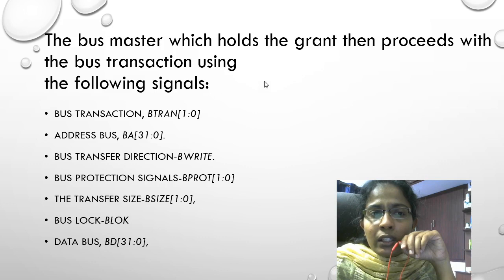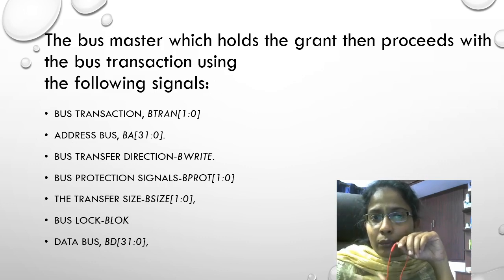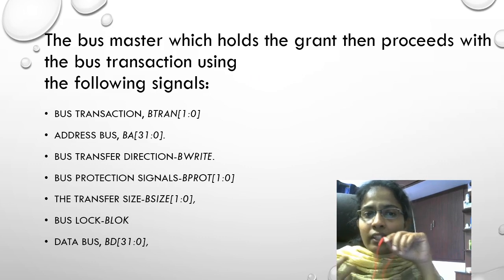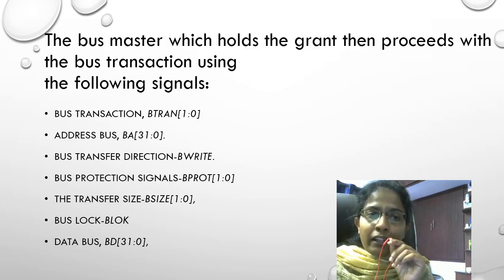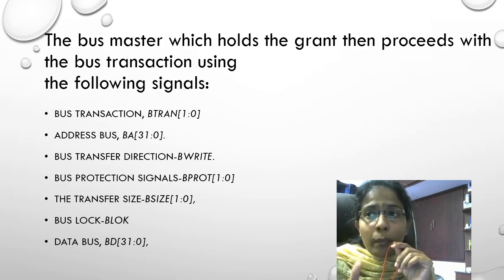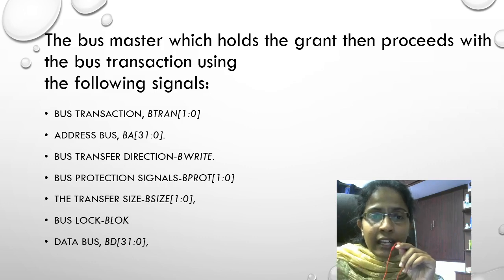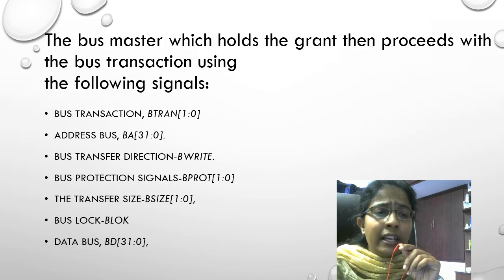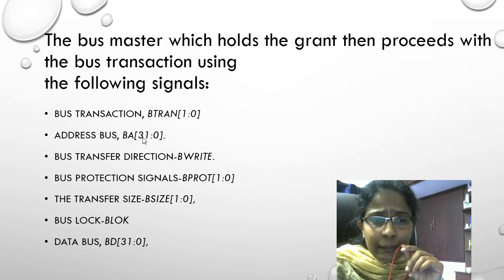Coming to the various signals: when the bus master has received the grant, the next thing is that it provides the following signals. The first one is the bus transaction, which indicates the type of address we are transmitting, whether a sequential or non-sequential address, and then your actual address bus.